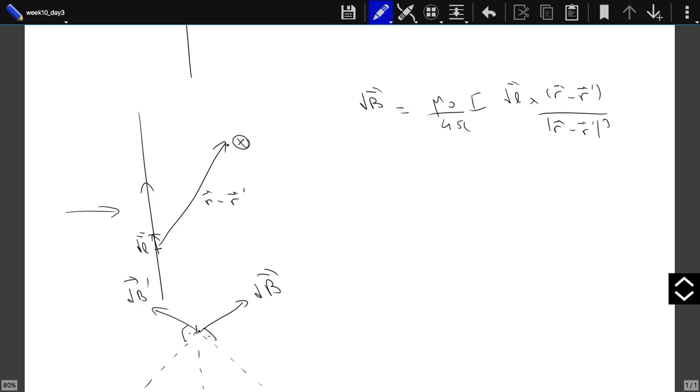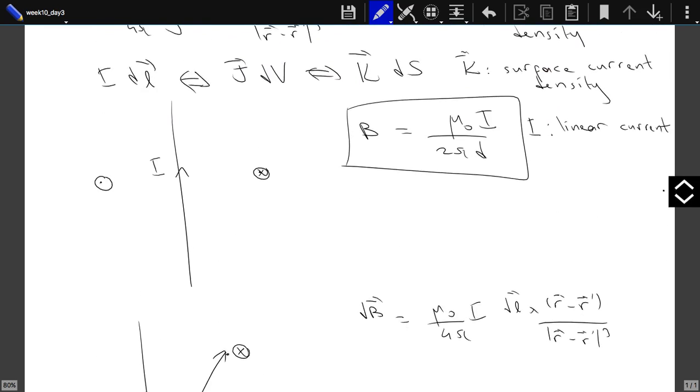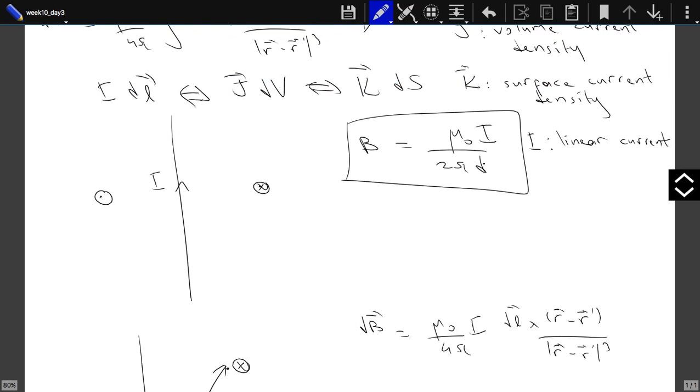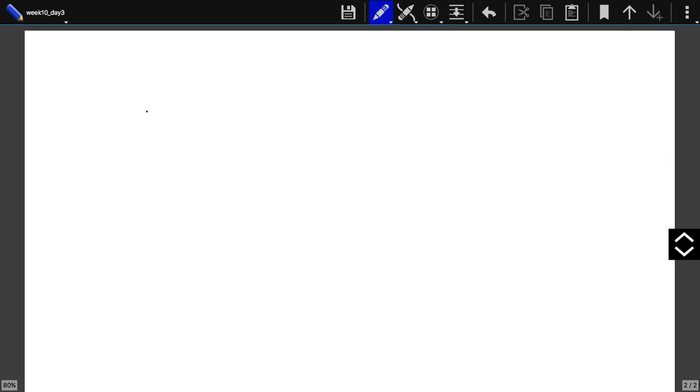Okay, so let's continue from here. You see, this was the magnetic induction for an infinite straight wire. We had this infinite straight wire. The magnitude of the magnetic induction was mu0 I over 2 pi d. d is this distance over here, the distance from the wire.